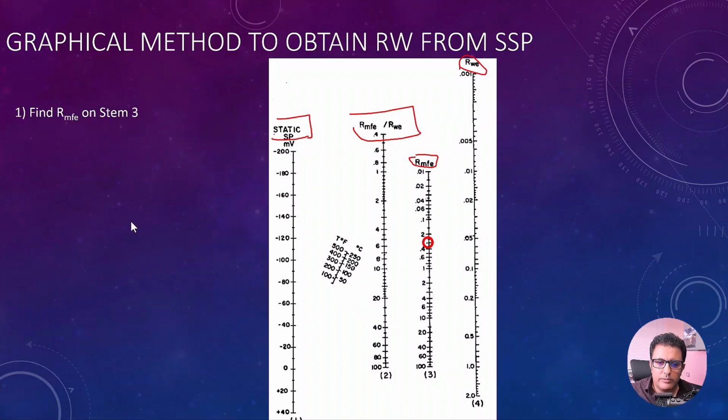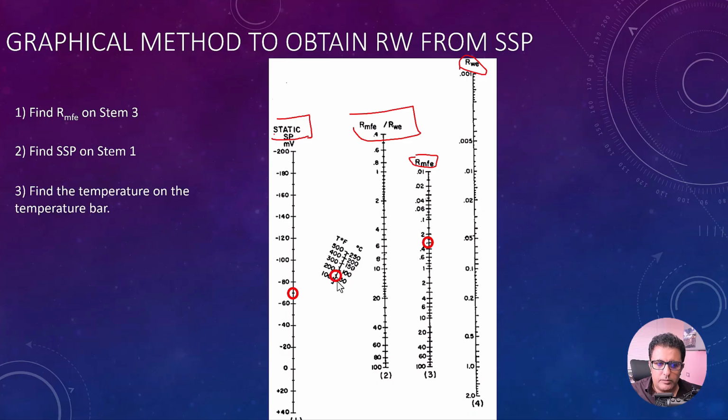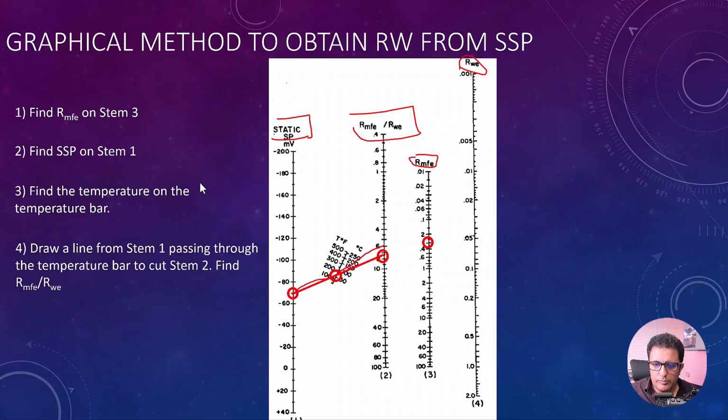So the first thing that we do here, we find the value of RMFE on stem 3, and then we find SSP value on stem 1, and then over the temperature bar, we find the temperature, and we draw a line. We draw a line that crosses these 2 points to cut stem 2.